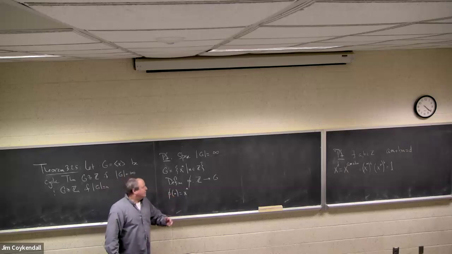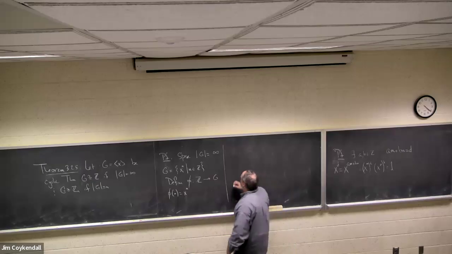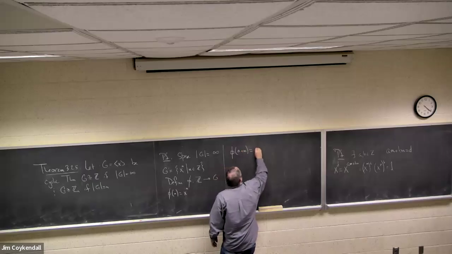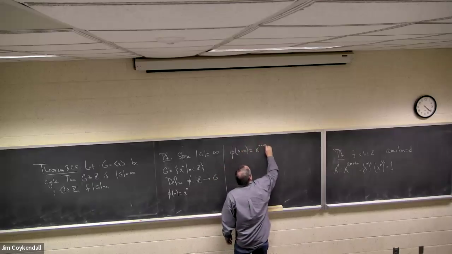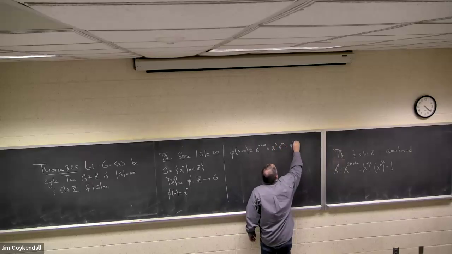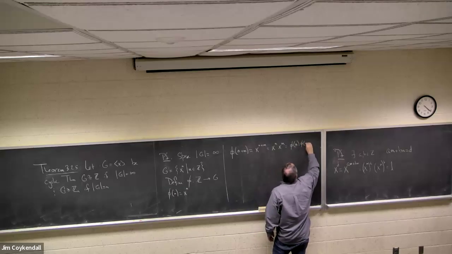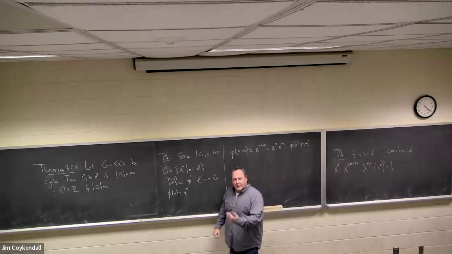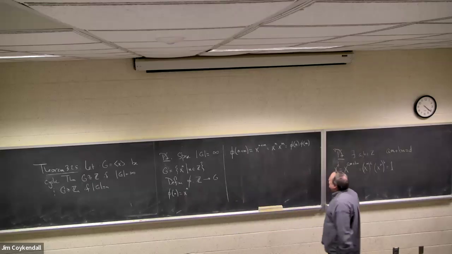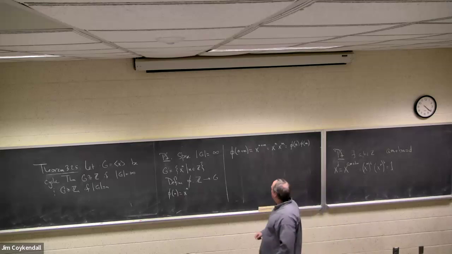This is my homomorphism, and I'm going to show that it is a homomorphism and an isomorphism. Well, notice that phi of n plus m is x to the n plus m, which is x to the n times x to the m, which is phi of n times phi of m. So it respects the operation, going from addition to multiplication. Okay, so it's a good, all-American homomorphism.